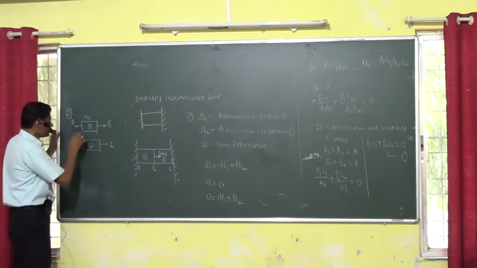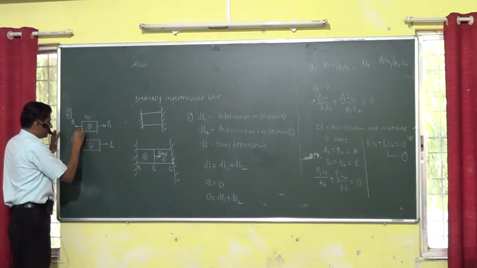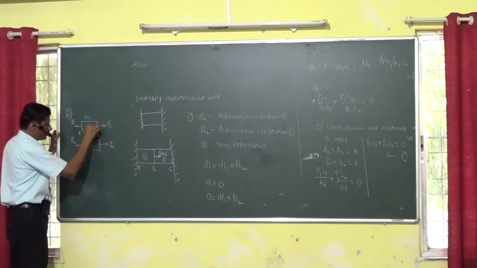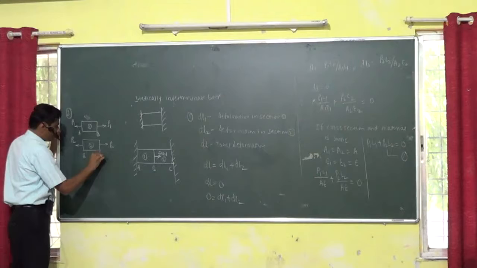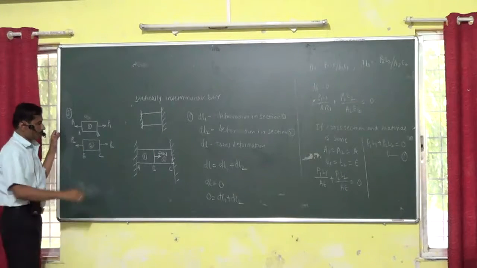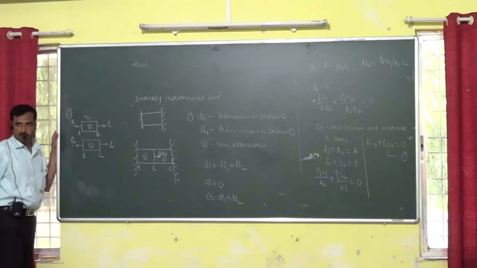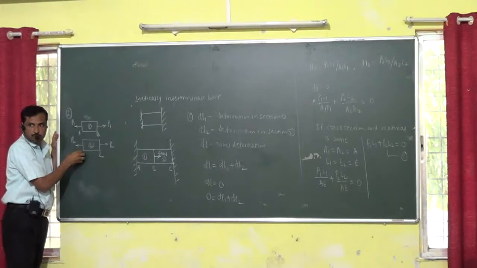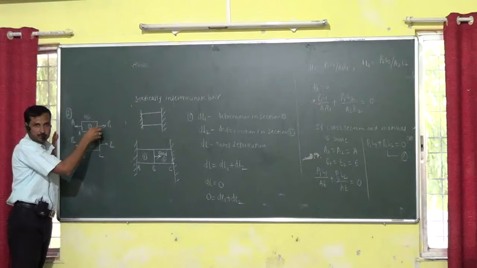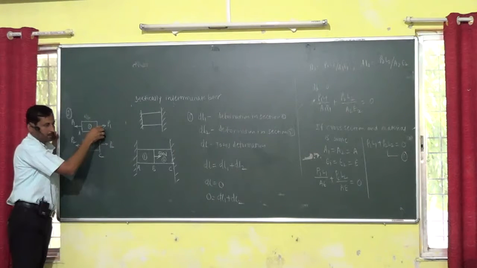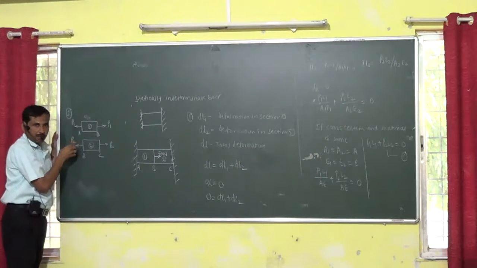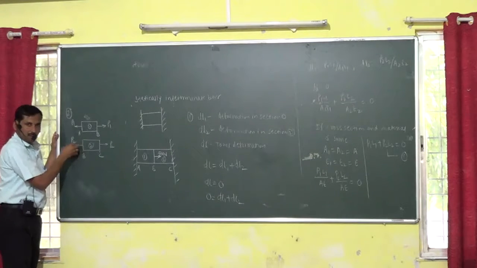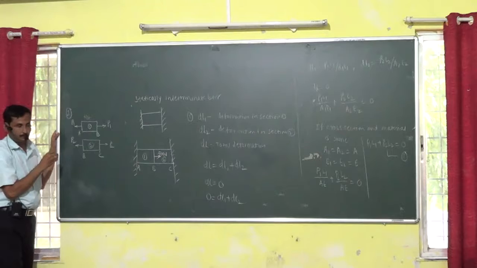Here P1 is acting on section 1, that is on the portion AB, and for the portion BC, the force of magnitude P2 is acting. B is a common part for both the forces. On B, P1 amount of force is acting, and P2 amount of force is also acting.